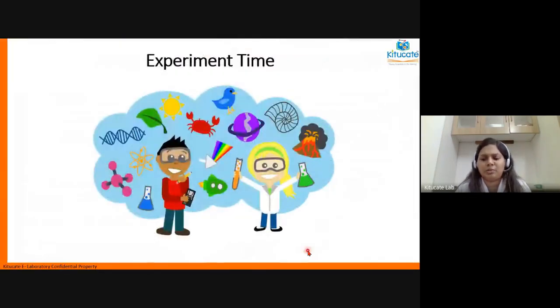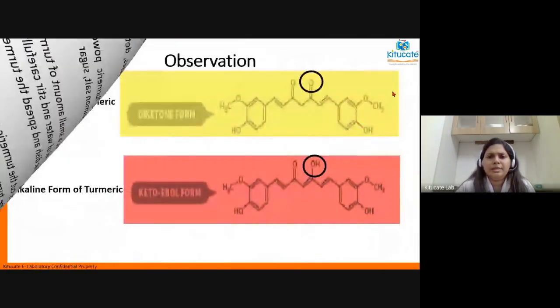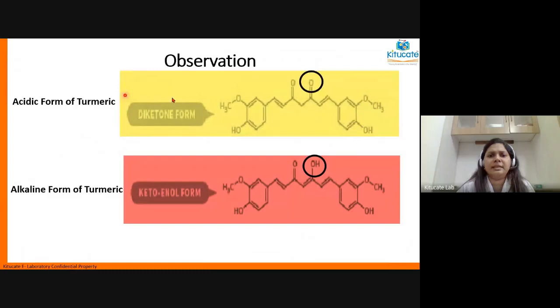We will move on to the turmeric test observation table. In case of an acid, the turmeric remains yellow, and in case of a base, the turmeric forms a compound which gives it a reddish color.